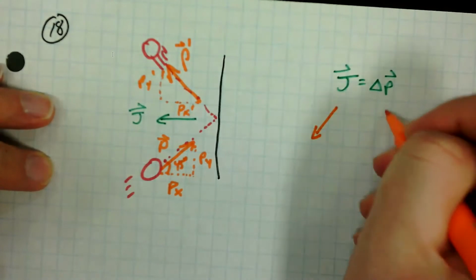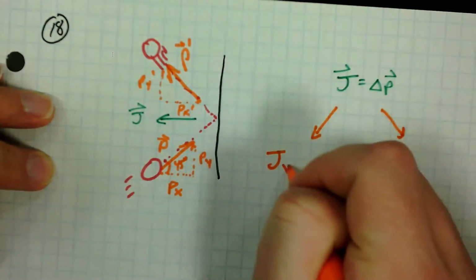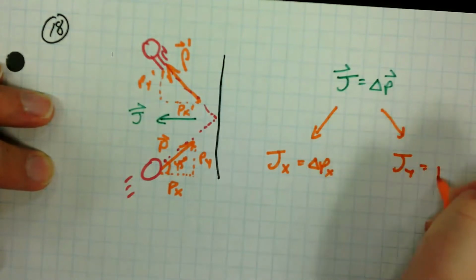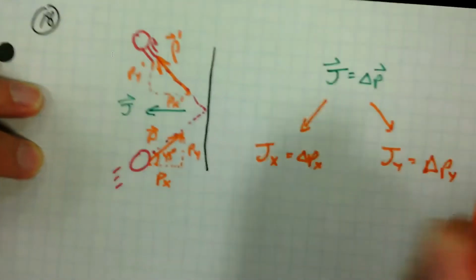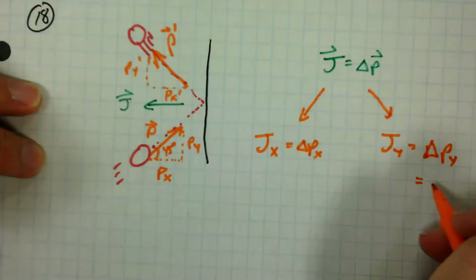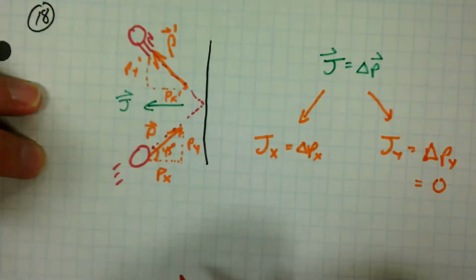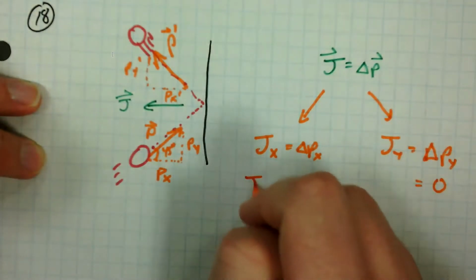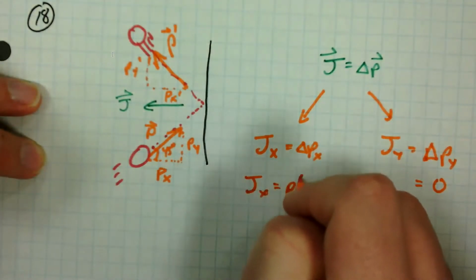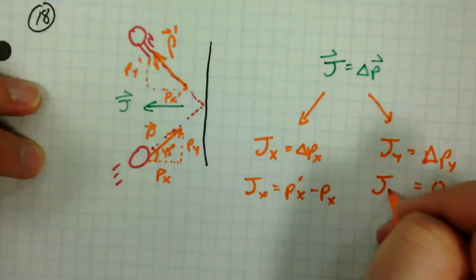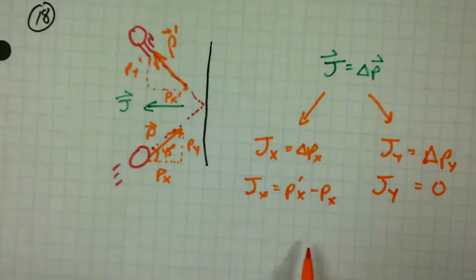And so you're going to solve it in the X direction and the Y direction. The Y change in momentum is going to be 0 because this side is the same on both sides, right? And then the X change in momentum is just going to be P prime X minus PX. And then that's how you're going to solve it.